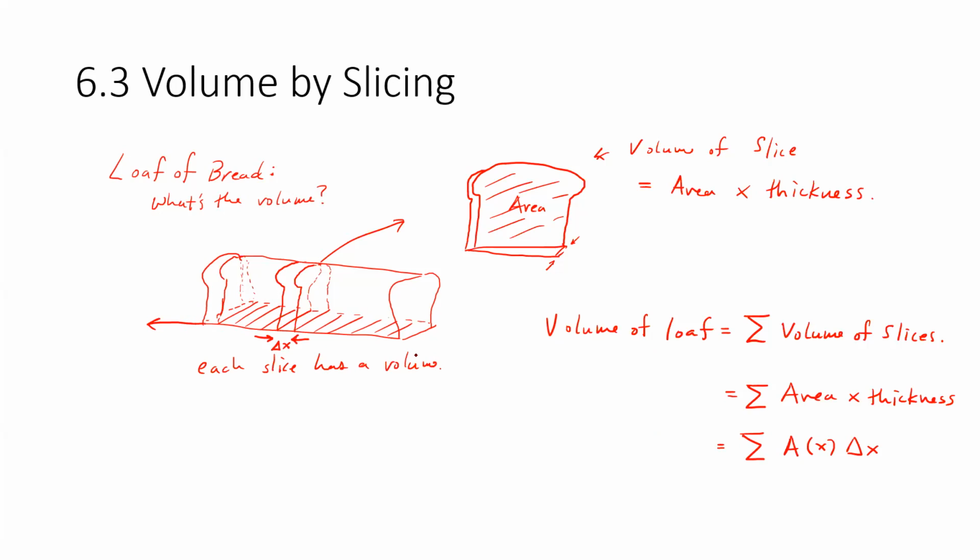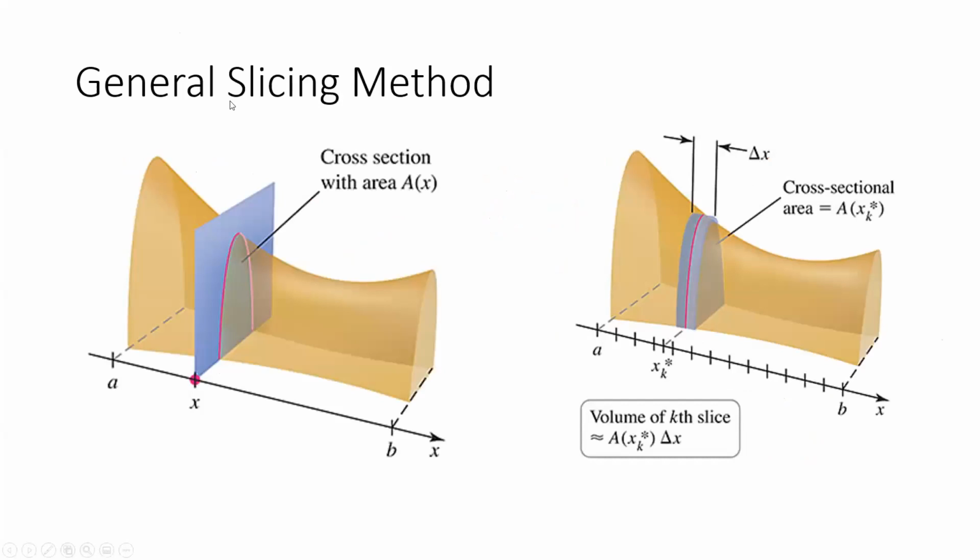So now we're kind of placing this loaf here along an axis. And that's going to be essentially how we're going to approach the volume problem at first with this general slicing method.